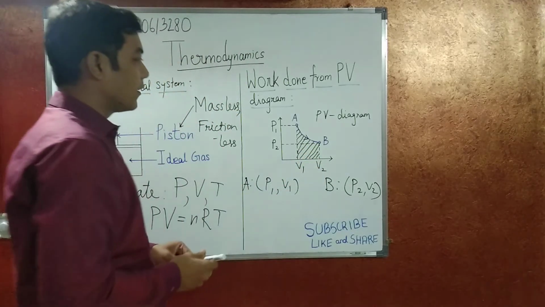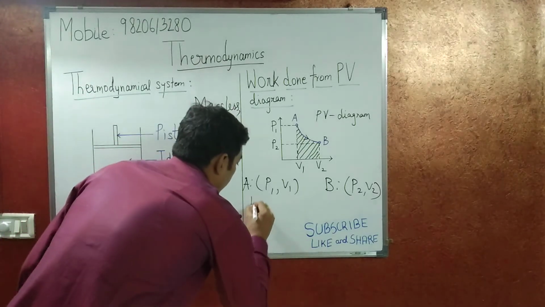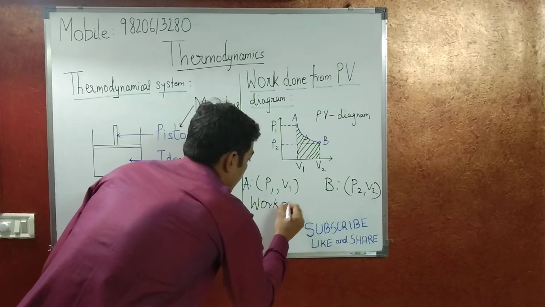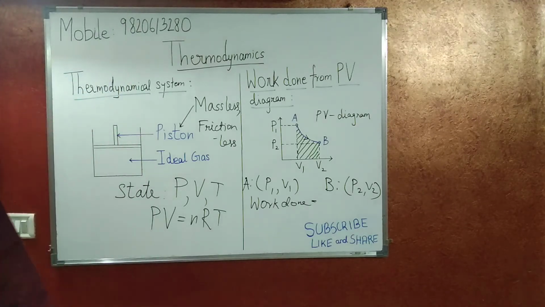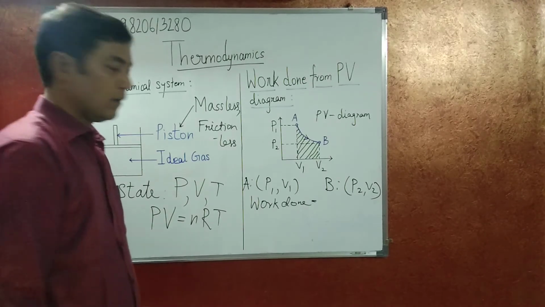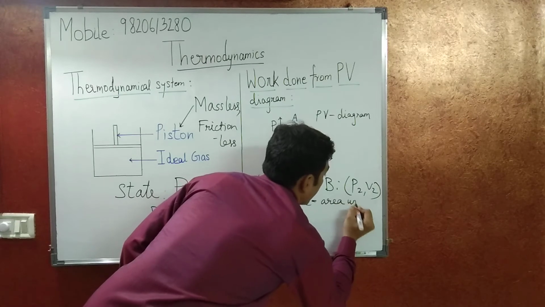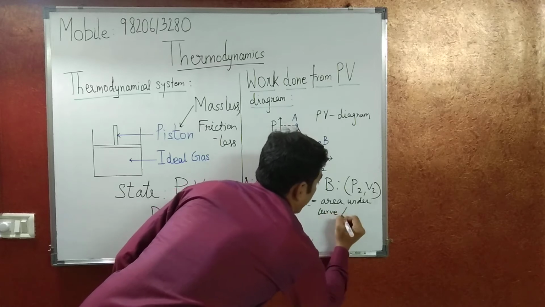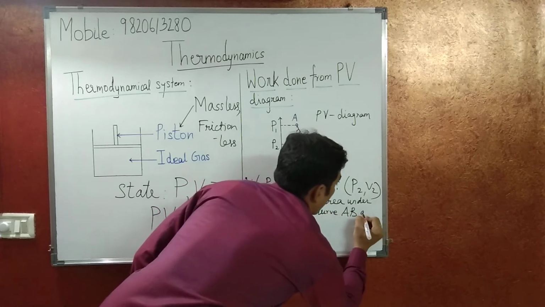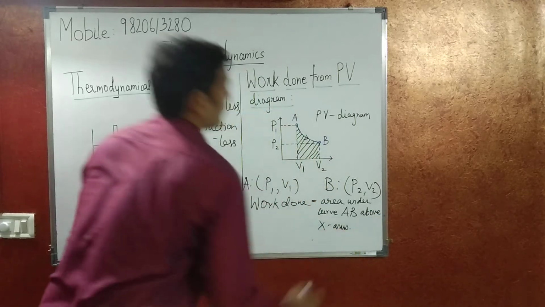What will be the work done? Work done will be equal to the area under curve AB above the x-axis.